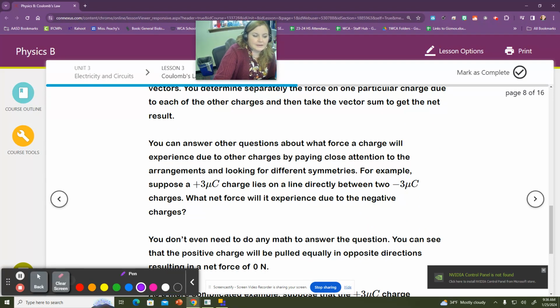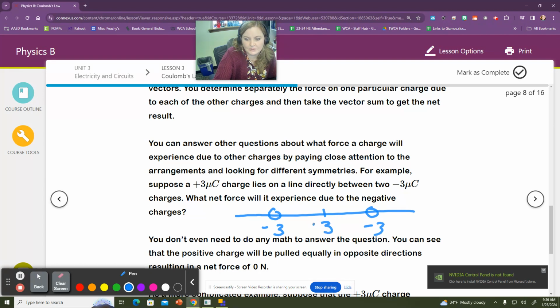If we had a line, this is the first example, and you have a -3 charge here, a -3 charge here, and right smack dab in the middle, you've got a +3 charge. So it's going to be attracted to this with the exact same magnitude as it's going to be attracted to that. So it doesn't go anywhere. It's kind of balanced in the middle, right?